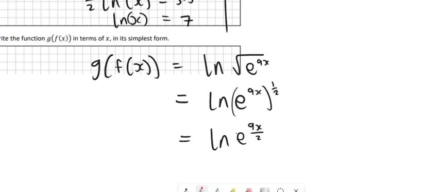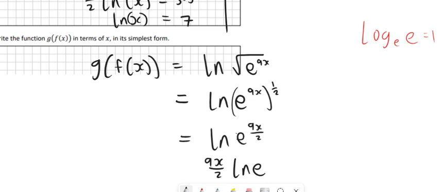So remember, ln is just the same thing as log to base e. So log e to base e is just going to be 1. Anything that has the same base as the number there has to be 1. Now what I should do really here first is to put down 9x over 2 in front, the same rule as I used up above.